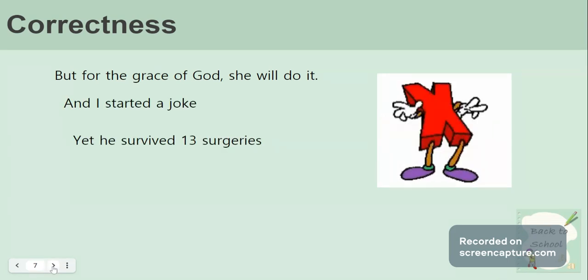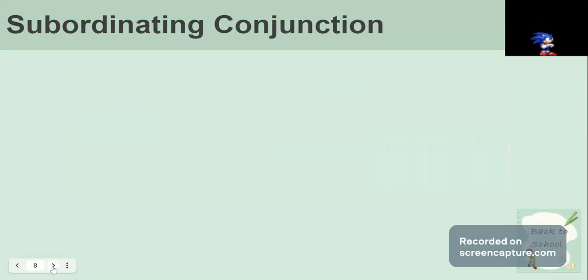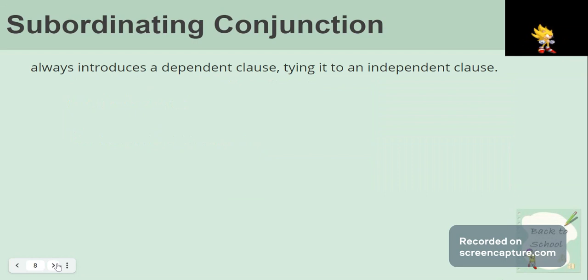Okay? And number two, we're talking about subordinating conjunctions. Once again, number one is coordinating conjunction. Number two is subordinating conjunction. How about subordinating conjunctions? What is this one? It always introduces a dependent clause, tying it to an independent clause. So once again, a team-up of a dependent clause and an independent clause.